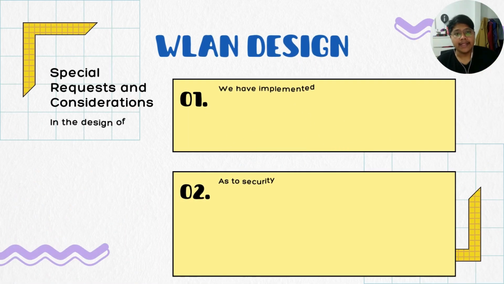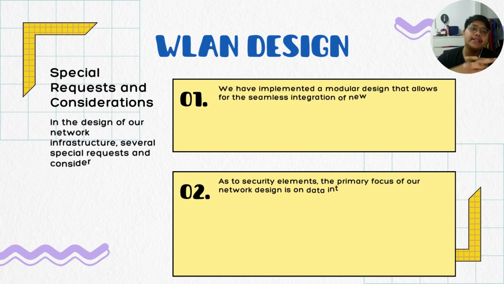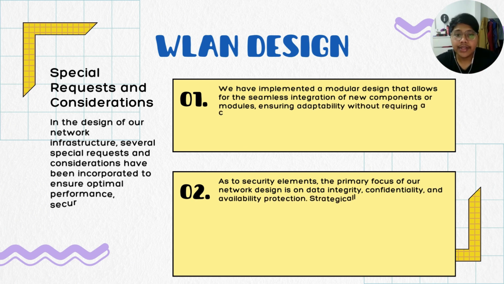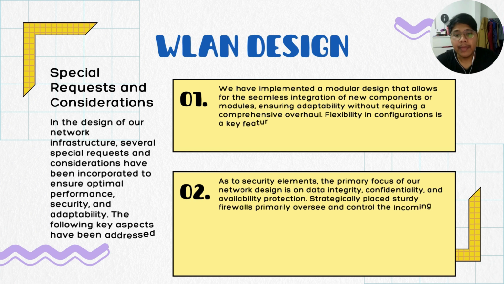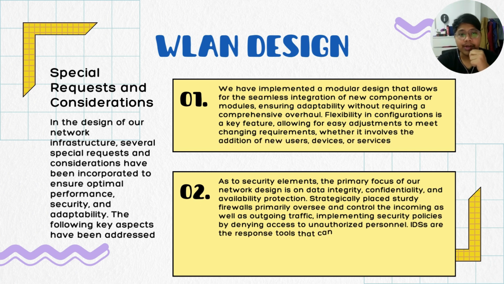So, by total design, the special requests and considerations. In the design of our network infrastructure, several special requests and considerations have been incorporated to ensure optimal performance, security, and adaptability. The following key aspects have been addressed. We are using two considerations or requests.